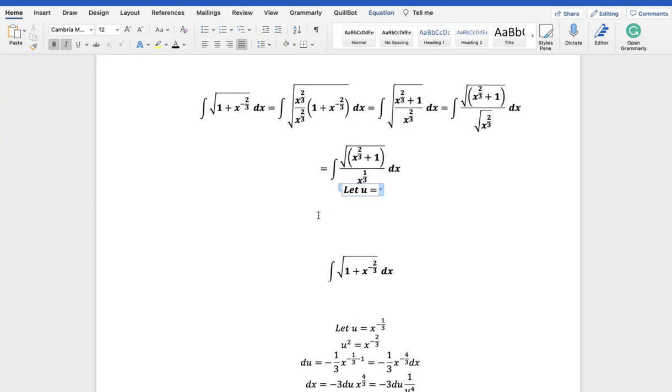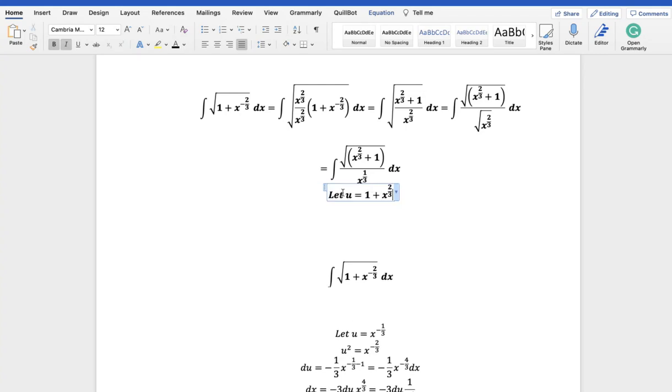Right, so let's try that. I would even suggest to get rid of the 1 there, we let 1 plus x to the 2 over 3 be equal to u. So then we get rid of this entire thing under the square root, because the issue with leaving the 1 there is then you would have something like the integral of the square root of u plus 1, right?